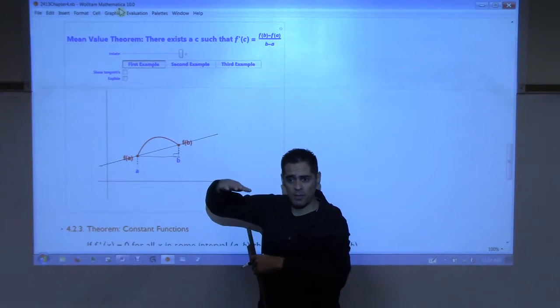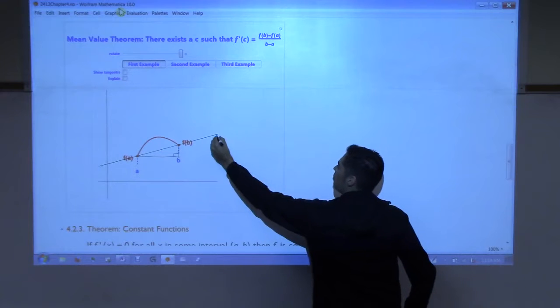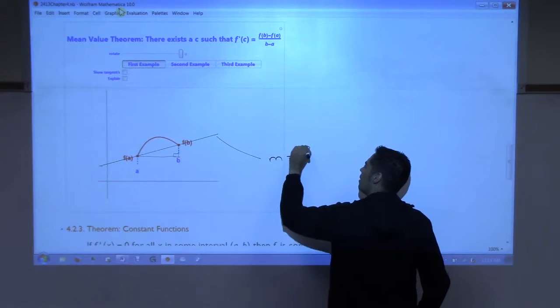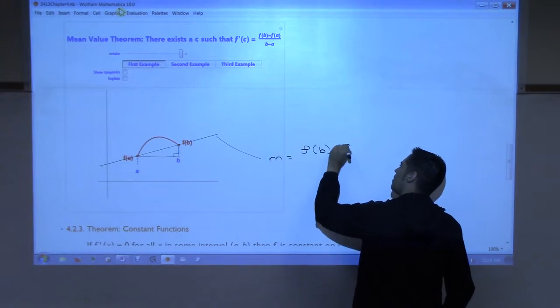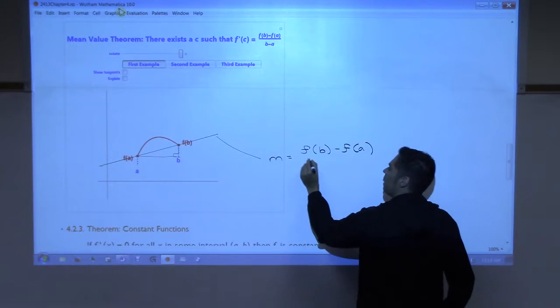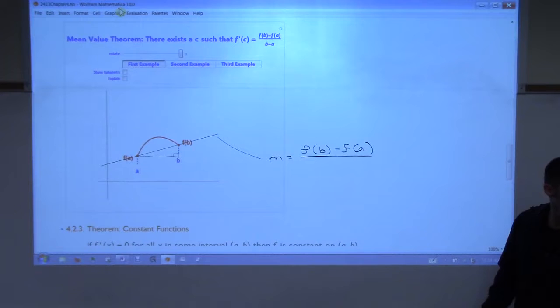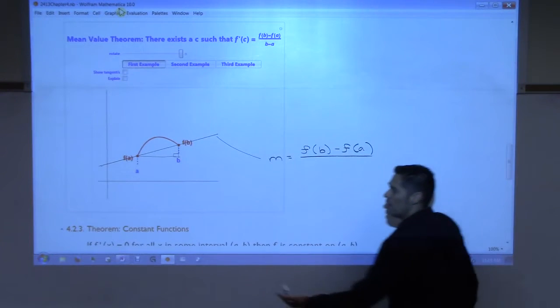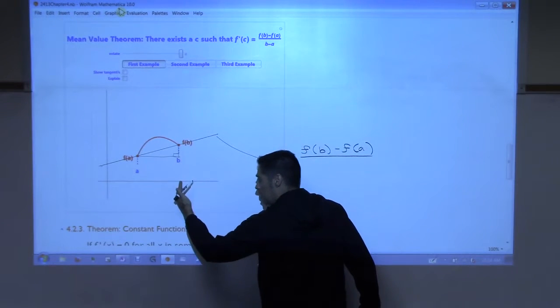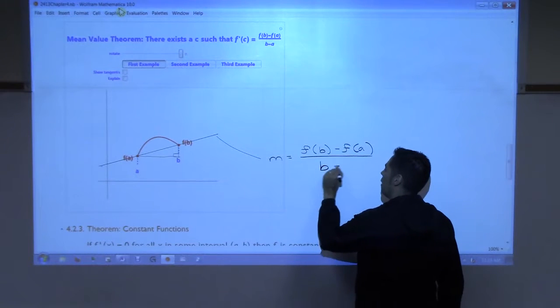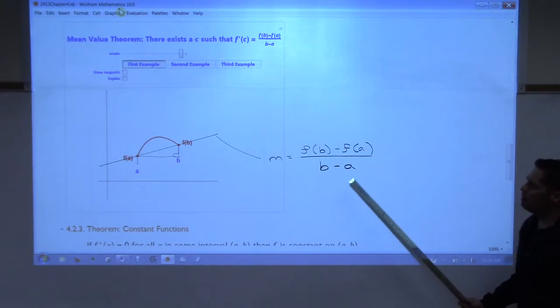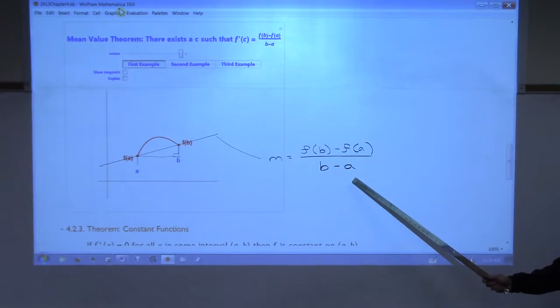The difference in the y-coordinates? So couldn't I say that the slope of this line is f of b minus f of a, right? That's rise over what? The run, which is b minus a. There's a difference in the x-coordinates. If this x-coordinate is a and this x-coordinate is b, then this is b minus a. So does everyone agree that the slope of that line in black there is this?